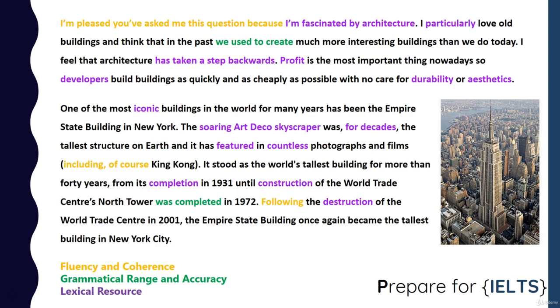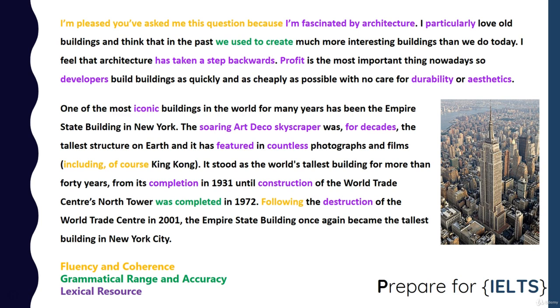One of the most iconic buildings in the world for many years has been the Empire State Building in New York. The soaring Art Deco skyscraper was for decades the tallest structure on Earth, and it is featured in countless photographs and films, including, of course, King Kong.